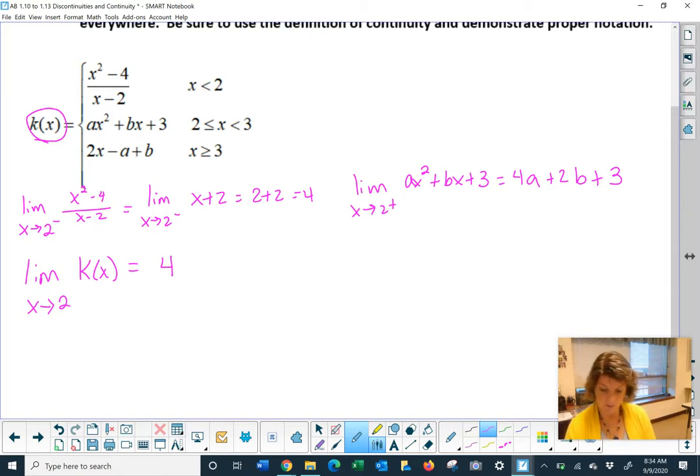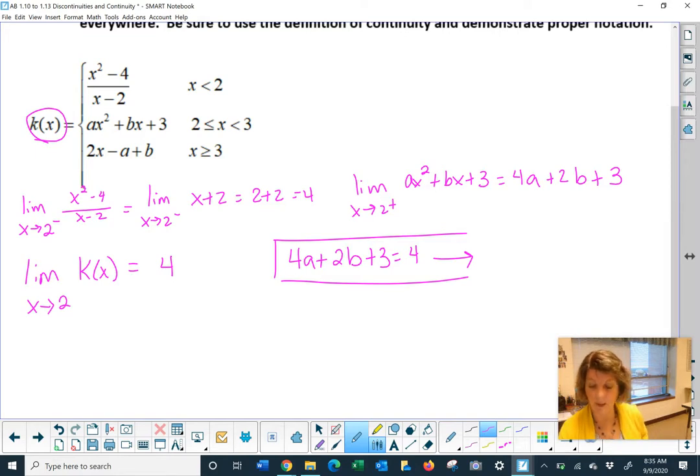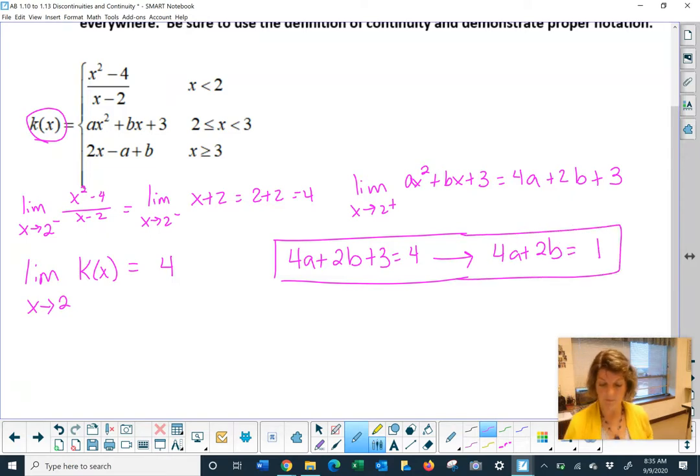So I can make one nice equation right here, and that is that 4a plus 2b plus 3 equals 4. You know what, let's simplify that out. Subtract 3, and I'm going to have 4a plus 2b equals 1. Sweet. Now let's go look at 3.